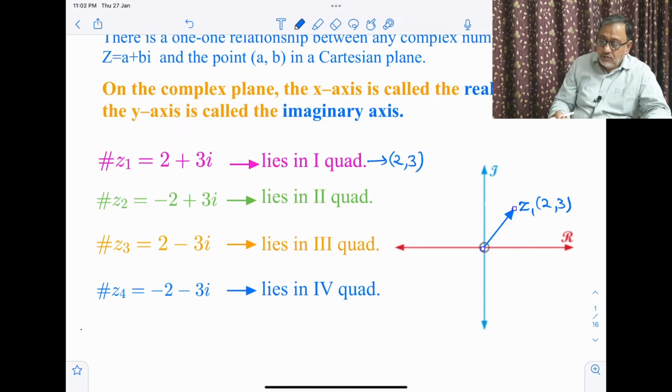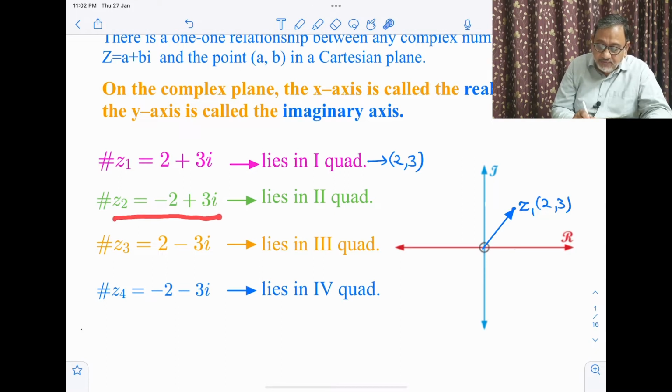Now, to represent the second complex number, Z2, which is minus 2 plus 3i, as we know it has a one-to-one relationship with the point minus 2 comma 3.